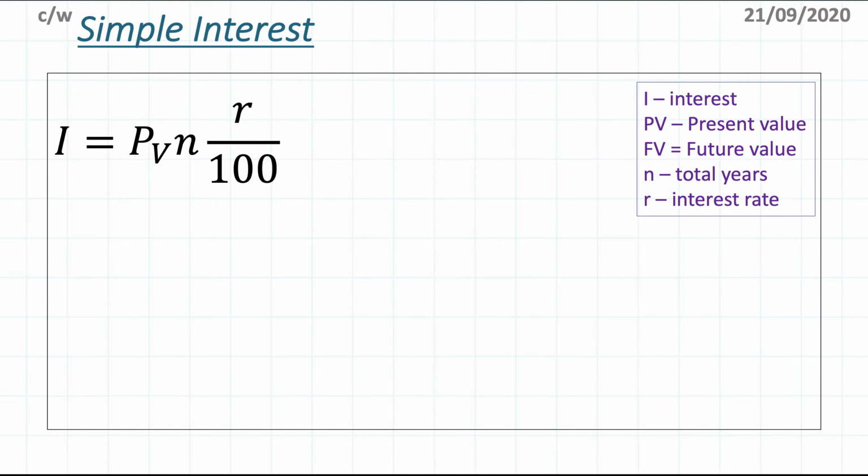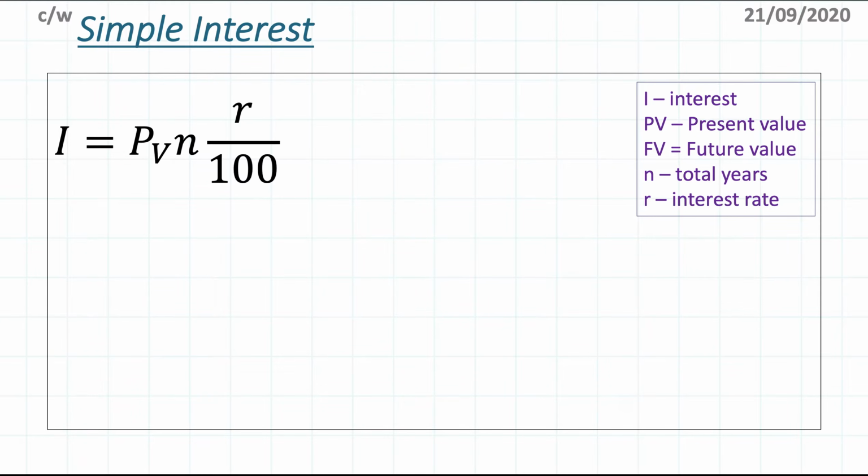We're going to take the present value, multiply it by the number of years, and then multiply it by the rate divided by 100, because we don't want to just take the rate as a percentage, so just 5%. No, we want to convert it to a decimal, 5/100. So that will be our interest overall throughout the years. That's how much interest it's going to be.